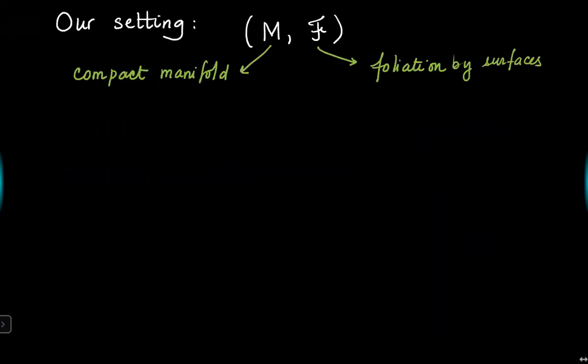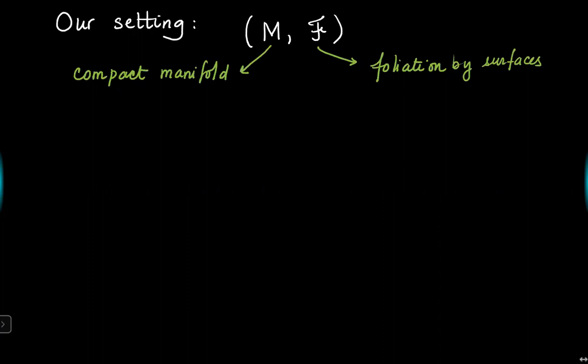So what's our setting? M will be a compact manifold carrying a foliation by surfaces, that is, by two-dimensional manifolds. As you know, according to how they are uniformized, surfaces can be the sphere, parabolic surfaces or hyperbolic surfaces.